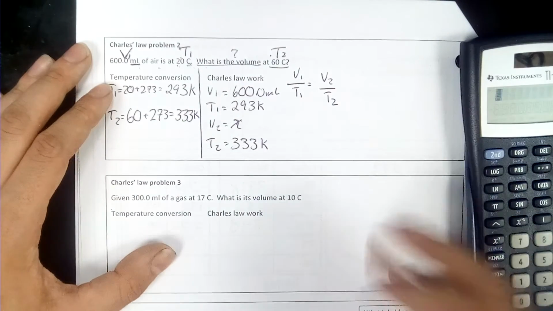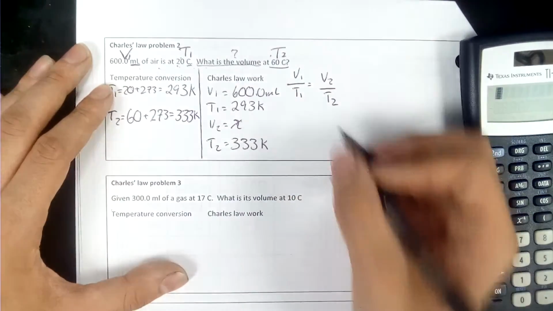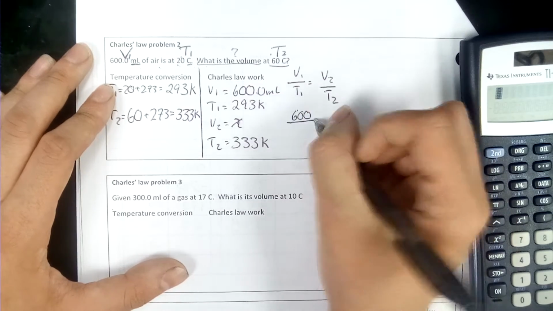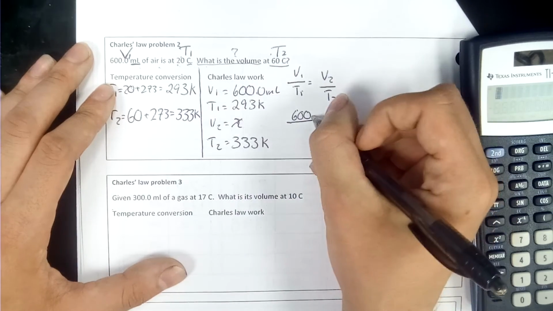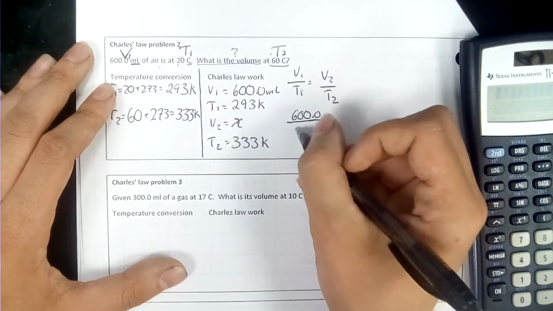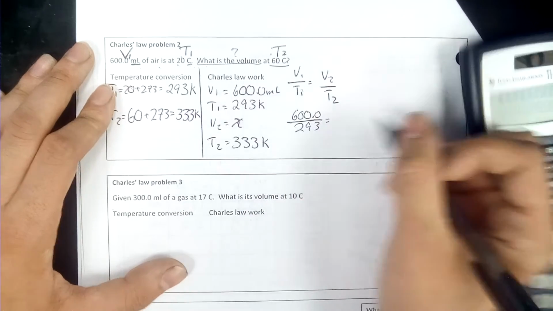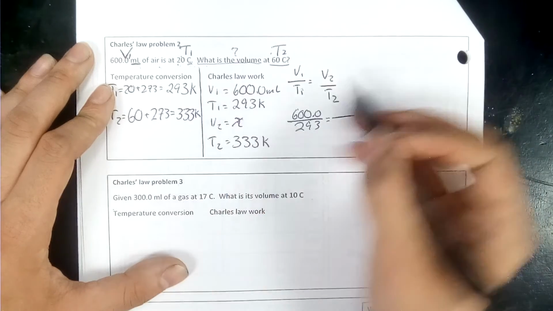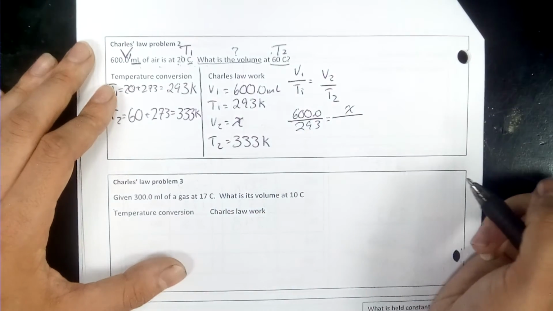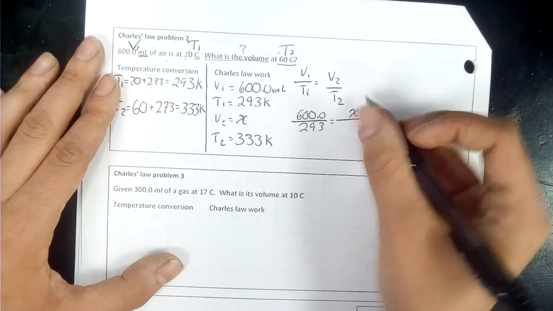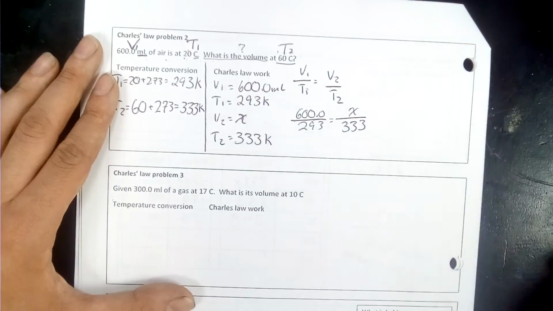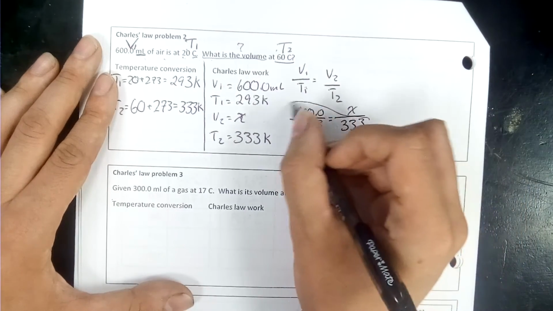So now we can go in and plug in all of our variables here. V1 is 600 over T1, which is 293, which equals X, because we don't know V2, over T2, which is 333. So again, when you get to this point, you need to cross multiply.